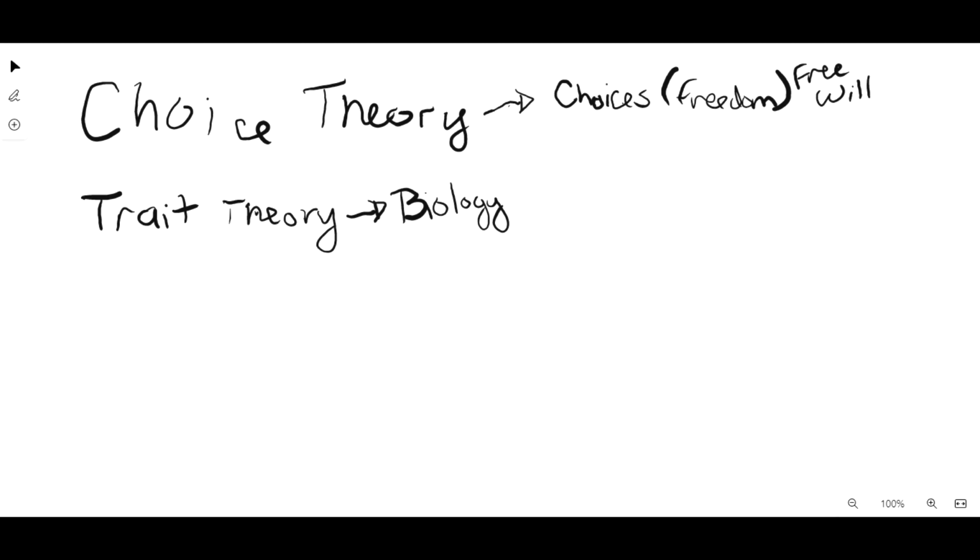Free will is that everyone has the choice to do whatever they want because you have that free will. But the idea of trait theory is that it's decided for you.